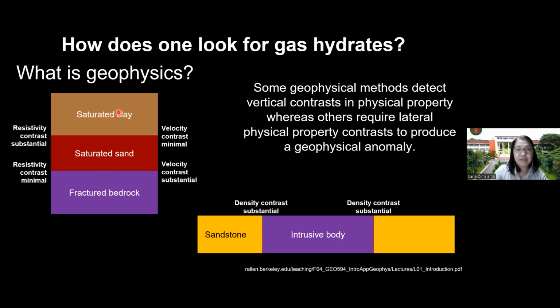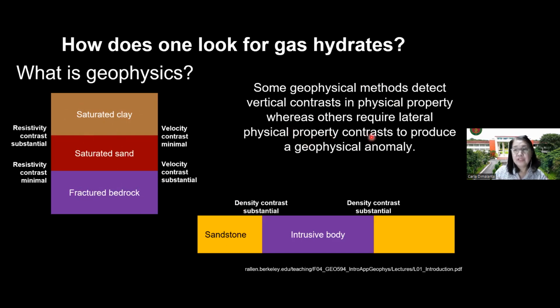So if you have horizontal layers, for example, like this, then you can distinguish one layer from the other and get estimates of their depths, their thicknesses, etc. Other geophysical methods are only able to detect lateral physical property contrasts.